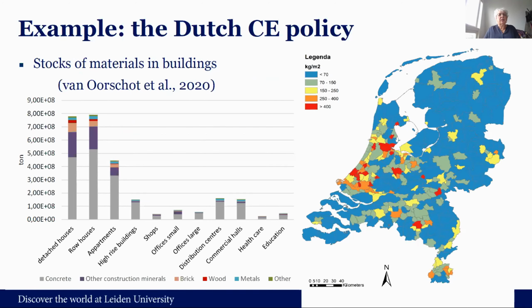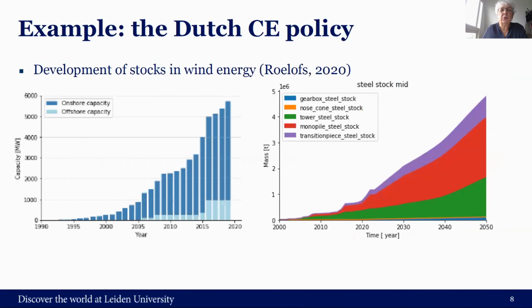And on the left-hand side, you see it broken down into the different types of buildings, 4 types of residential buildings and 7 types of utility buildings. This looks very simple, but it was quite a job, as most of you will appreciate.